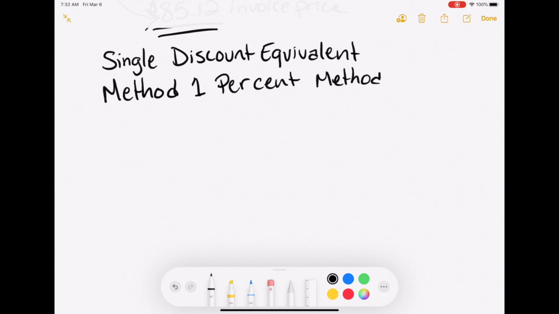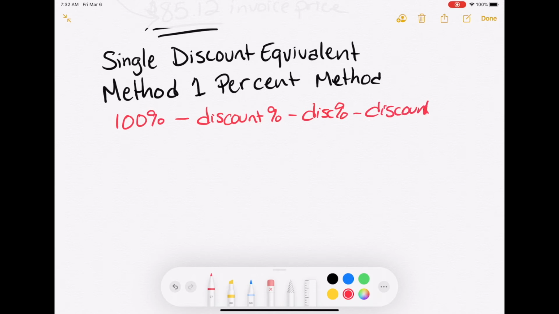Okay, so using the percent method, you can take those discounts and subtract them from 100%. So the first way to do it is you take 100% minus the discount percentage minus the other discount percentage minus the other discount percentage, and that will give you the invoice percentage.